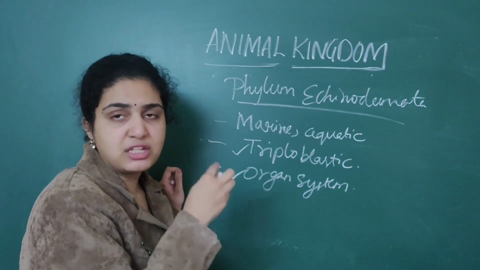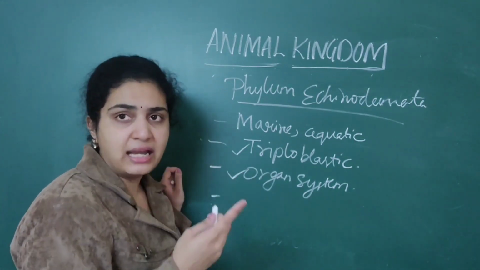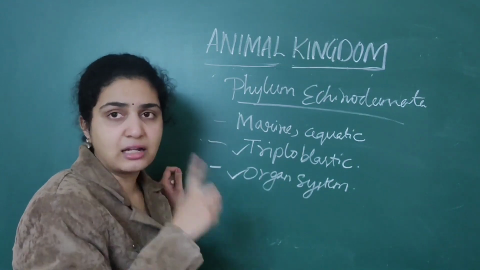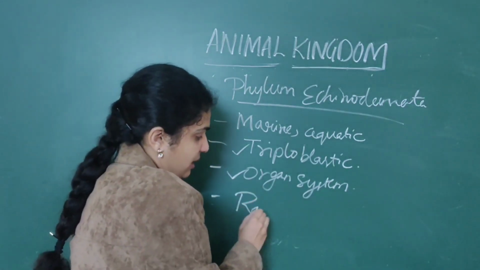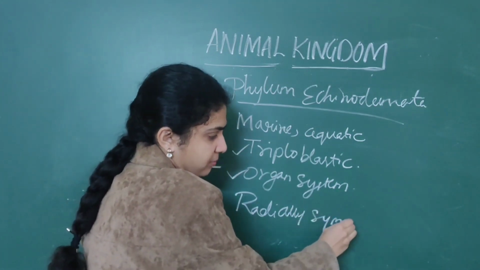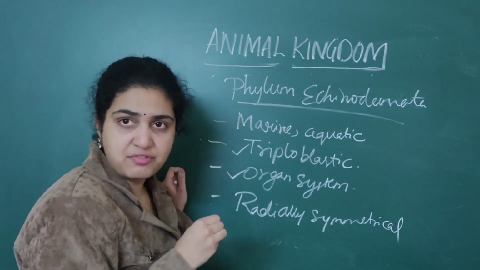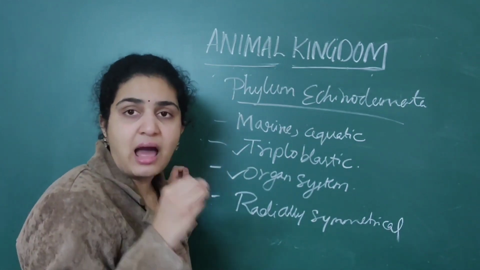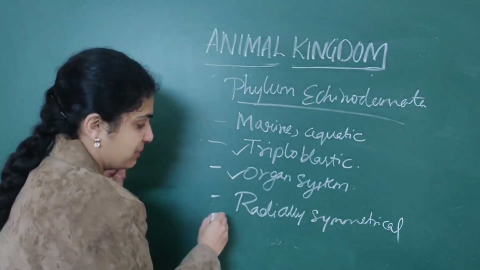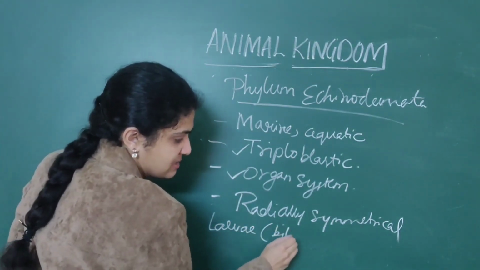One specific feature of Echinodermata is that they are radially symmetrical animals like Cnidarians. But one specific feature here is that their larvae are bilaterally symmetrical.